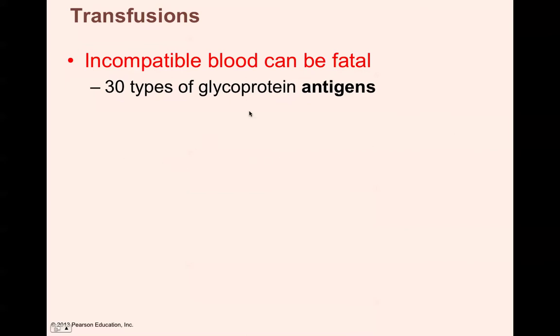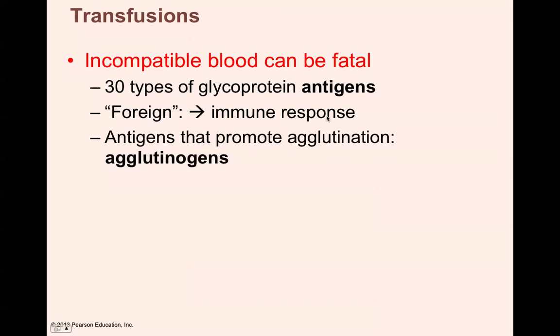They also tried this on the battleground as well, and so eventually they learned that certain individuals have compatible blood, others do not. And if it's incompatible and you're getting a blood transfusion, it can be fatal. That's because there are about 30 different kinds of glycoprotein antigens on our red blood cells. If the body detects a foreign one, it will initiate the immune response.